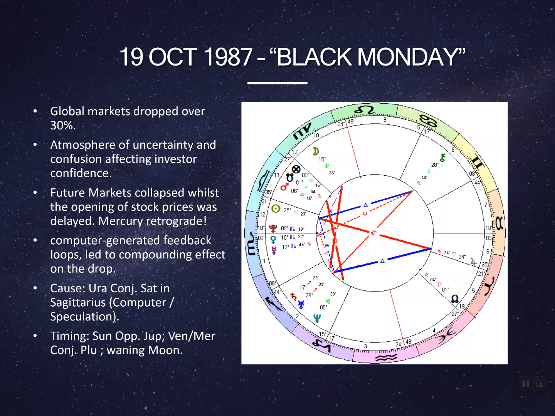And what triggered this event? Well, we always have to look at the inner planets from Mars inwards to find the exact trigger. And we can see there was an exact opposition between the Sun and Jupiter on that day. Now, it's interesting.